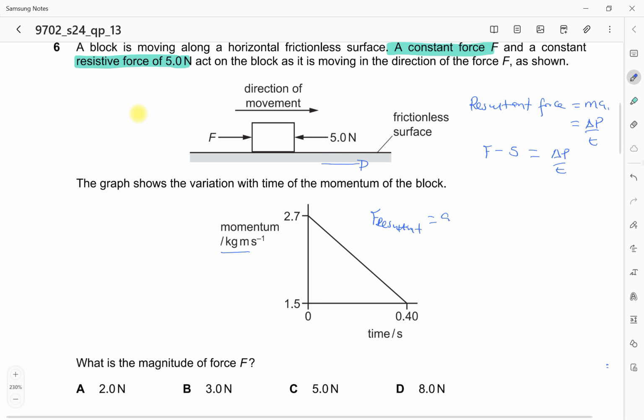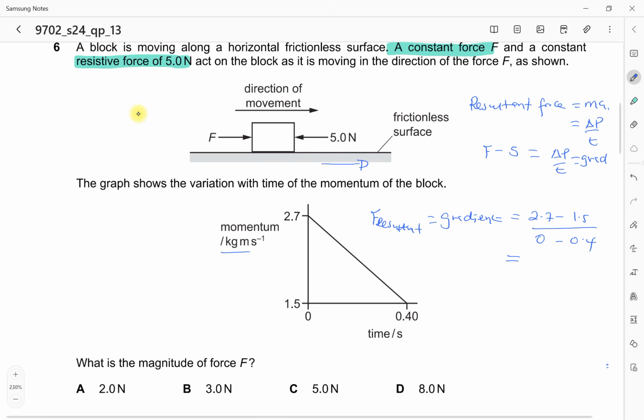So the resultant force is the gradient of this graph, which is 2.7 minus 1.5 divided by 0 minus 0.4. The gradient is the resultant force, which is the rate of change of momentum.